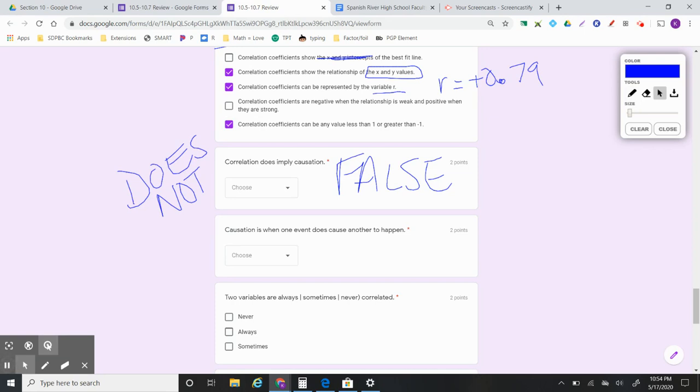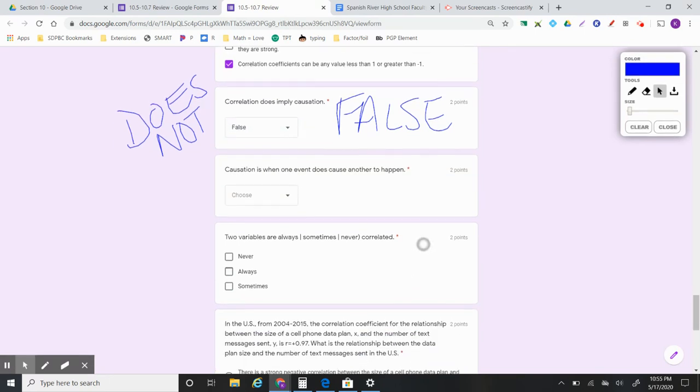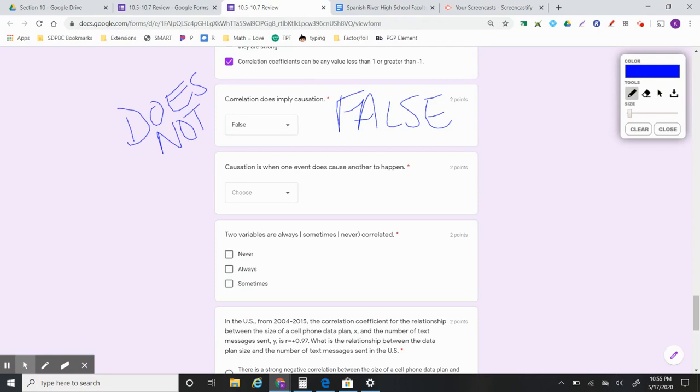The next one says causation is one event causing another to happen. Causation causes. That one is true.